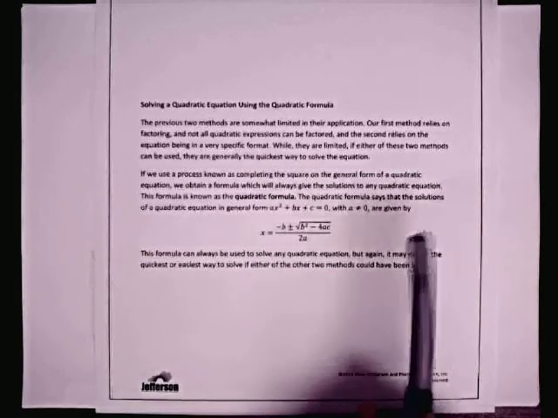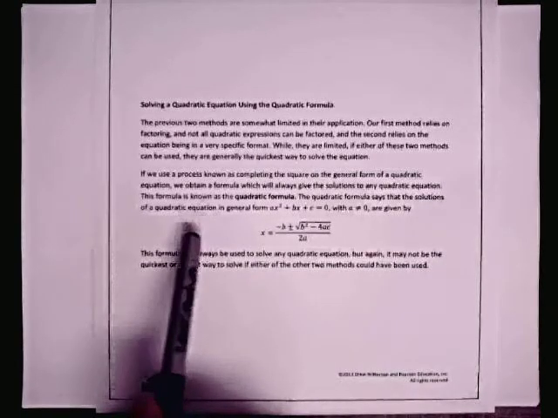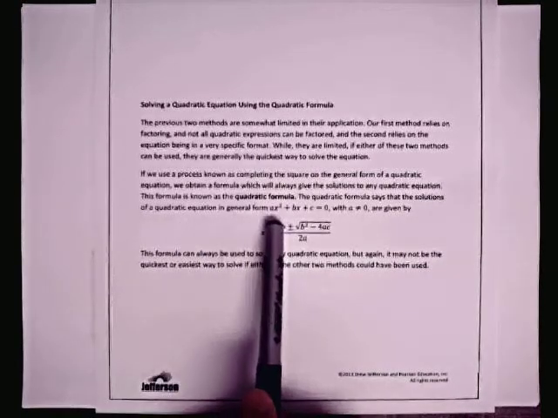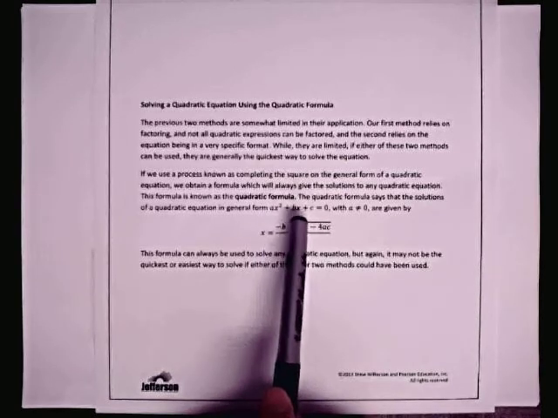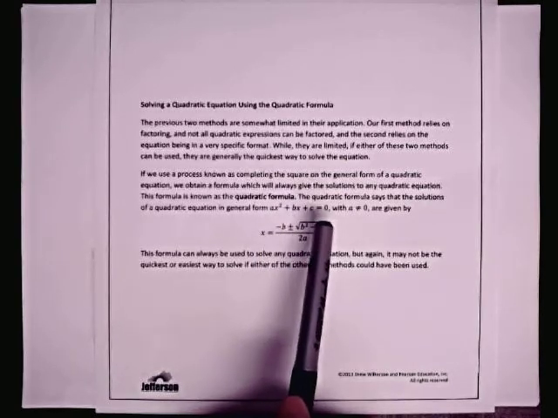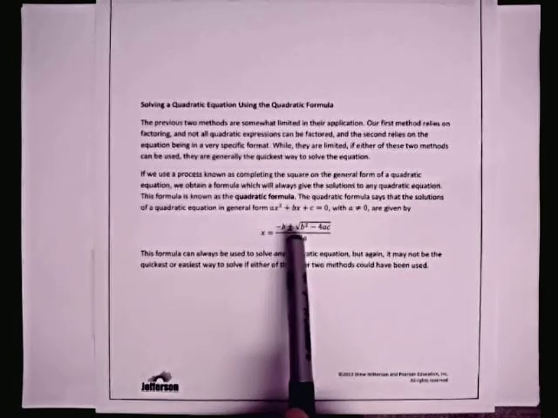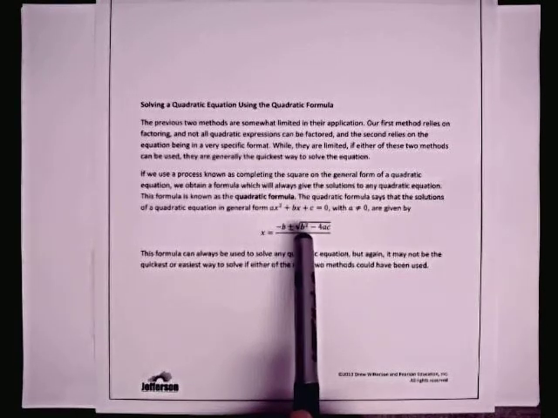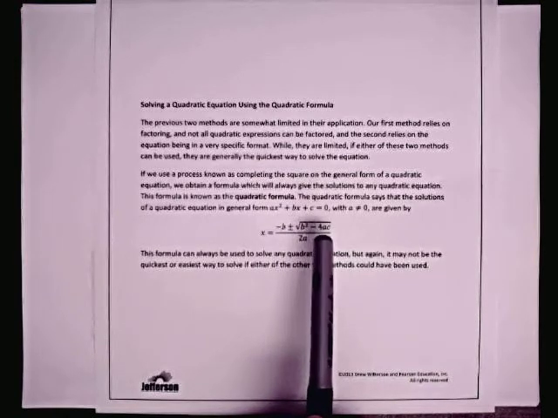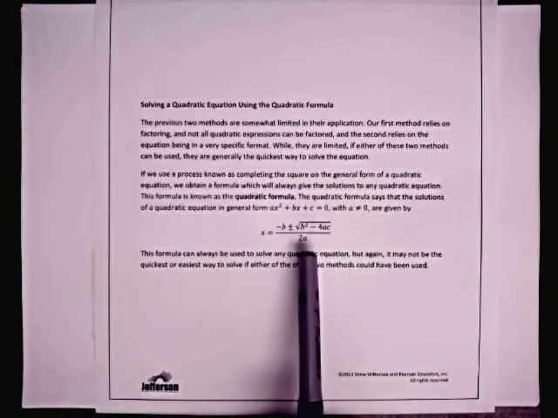So the quadratic formula says that the solutions of a quadratic equation in general form, ax squared plus bx plus c equals 0, are given by opposite of b plus and minus the square root of b squared minus 4ac all over 2a.